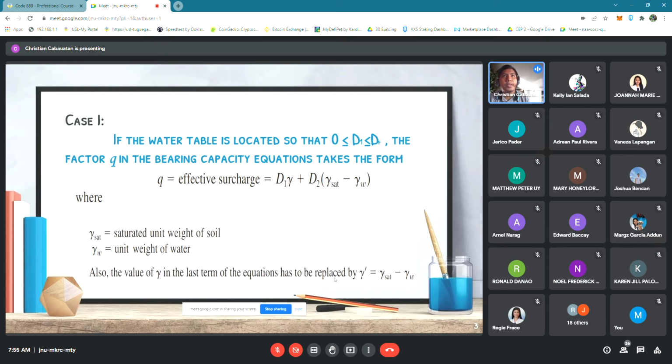The gamma there would be replaced by gamma prime, which is equal to gamma saturated minus gamma of water. So we replace gamma in the last term of Terzaghi by gamma saturated minus gamma of water. Understood?